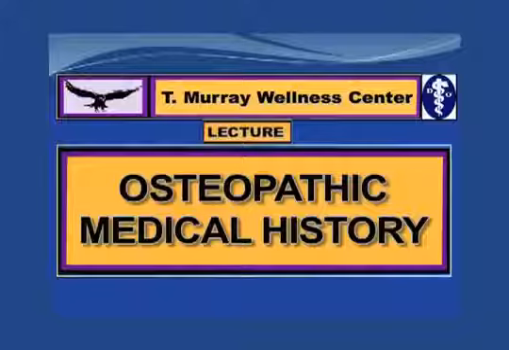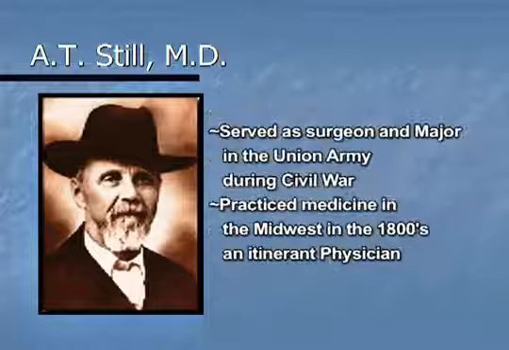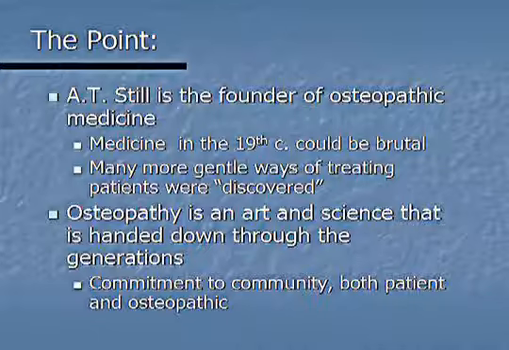Osteopathic medicine started in the 19th century. Andrew Taylor Still, who is the founder of osteopathic medicine, was actually originally trained as an allopathic physician. He was an MD. He practiced medicine in the Midwest in the 1800s as an itinerant physician.